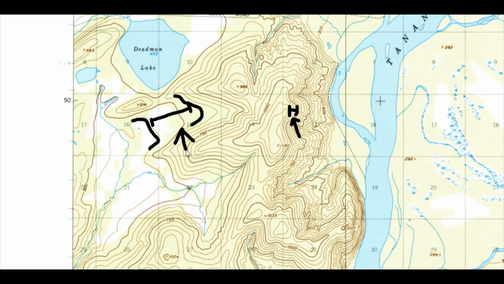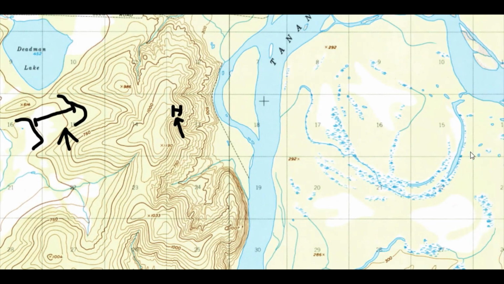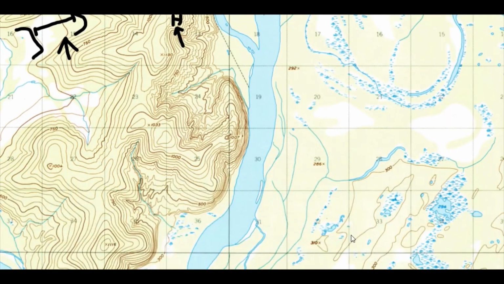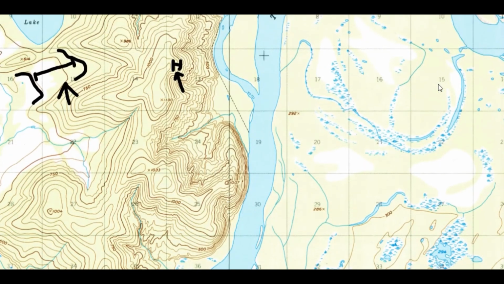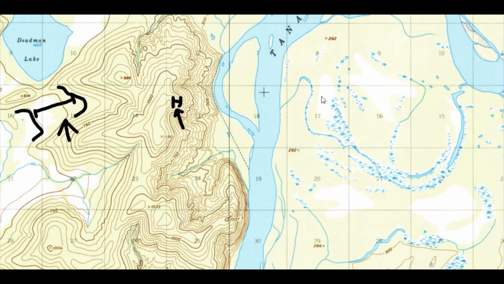And in fact, we see there are very few contour lines down here in this marsh area, which goes back to the fact that marsh areas are relatively level land, because the water sits level on top of it.